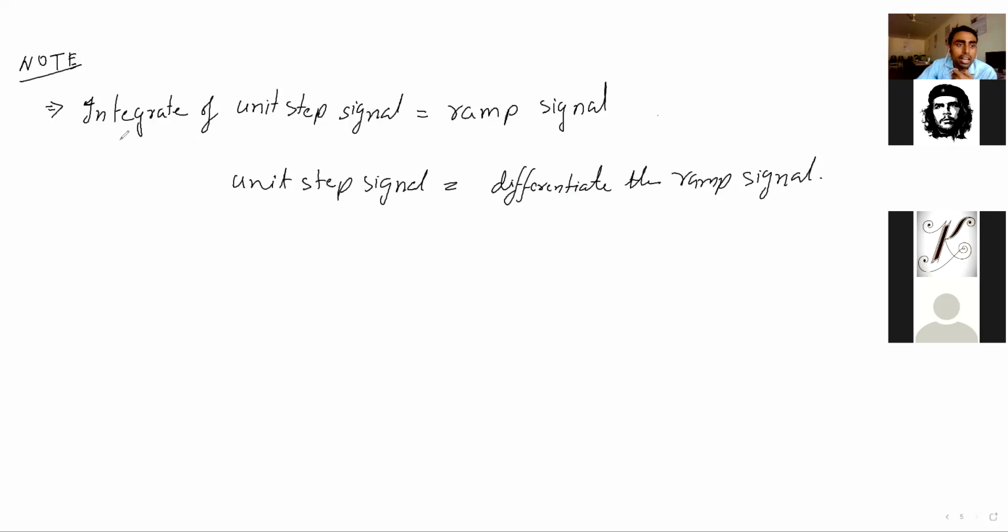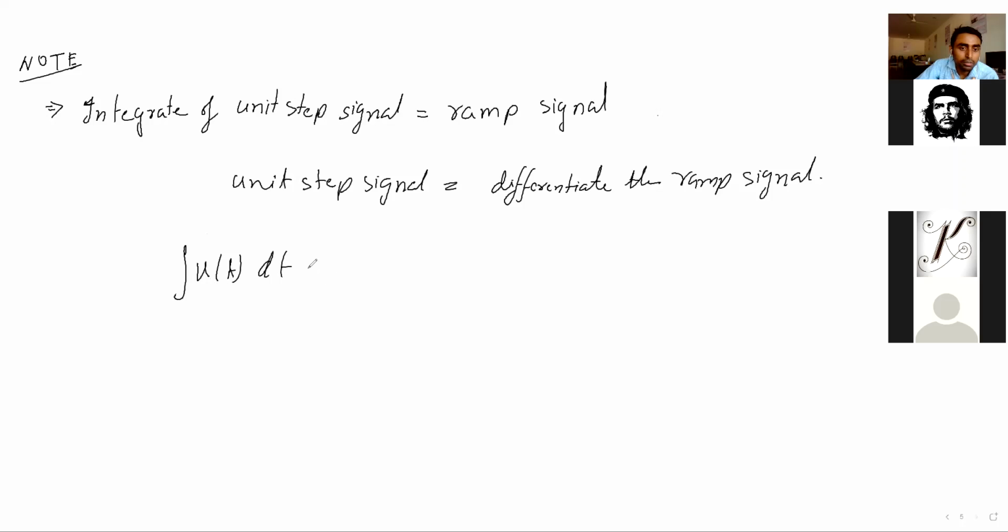So there is an important relation between the unit step signal and the ramp signal. If we integrate a unit step signal, we will get the ramp signal. How? Here are the mathematical steps. When we integrate the unit step signal u(t) dt, forget about the limits, maybe minus infinity to t or tau.